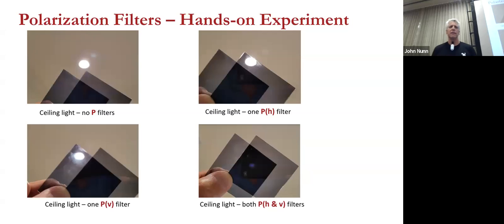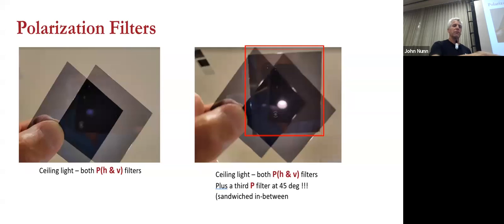This is the hands-on polarization experiment, some photographs of that. So you can see the spot on the top left. No, it doesn't go through the polarizer. The next two go through the left polarizer or the right one. If the light goes through both, then it's all blacked out on the bottom right. The same photo on the left.